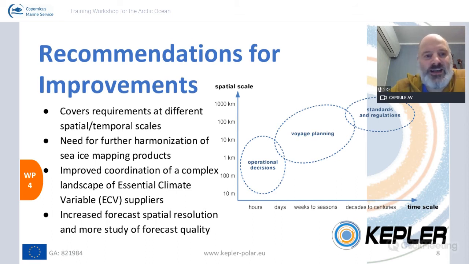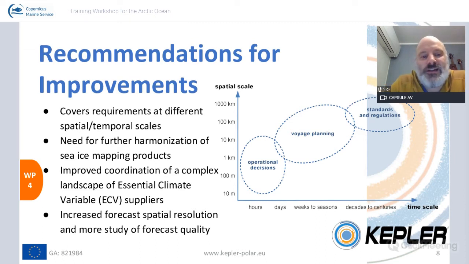You see in the diagram on the right, there's big variation between those needing very high spatial and temporal resolution data for making operational decisions such as ship navigation, going through to the lower resolution products which are needed more for planning activities in advance, and also for determining standards and regulations for how the Arctic and the Antarctic are used sustainably.